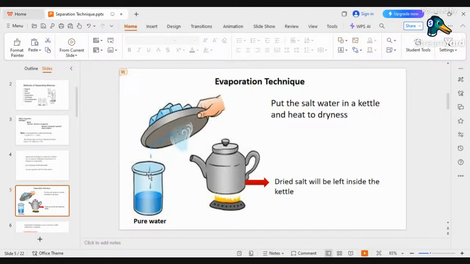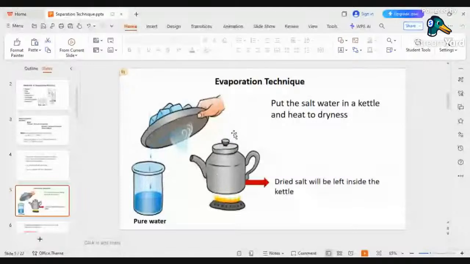Now this droplet of water is known as pure water. If you taste it, you will discover that there's no salty taste anymore. It is pure water. Now, what happens to the salt? The salt will be left in the kettle. After you heat it to dryness, the dry salt will remain at the base of the kettle.